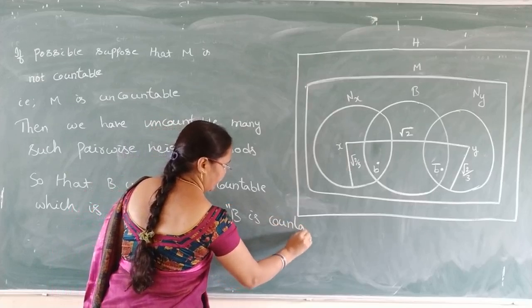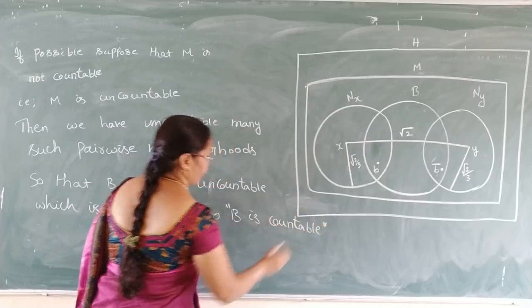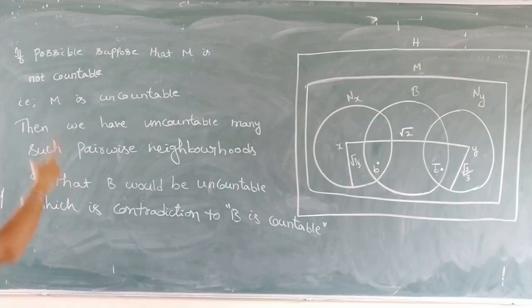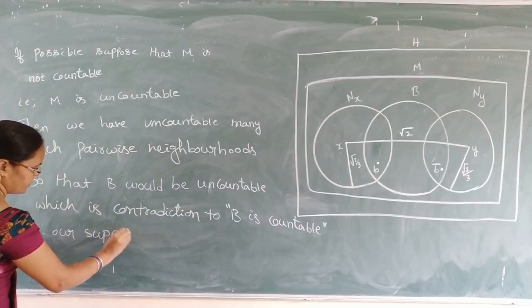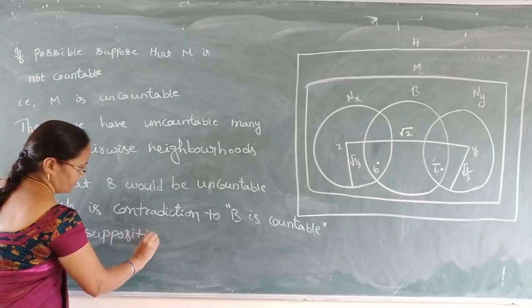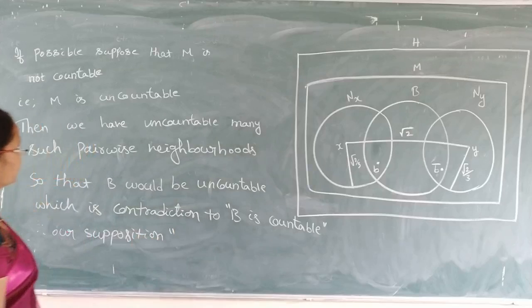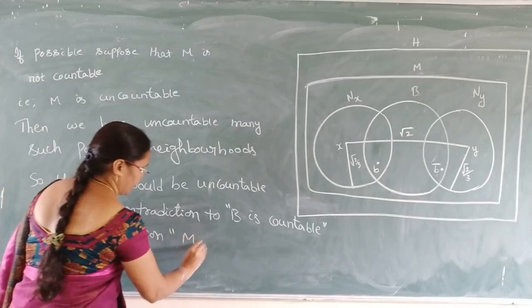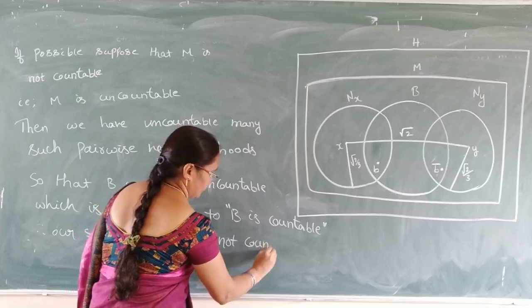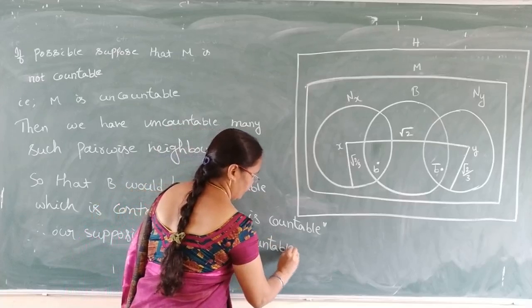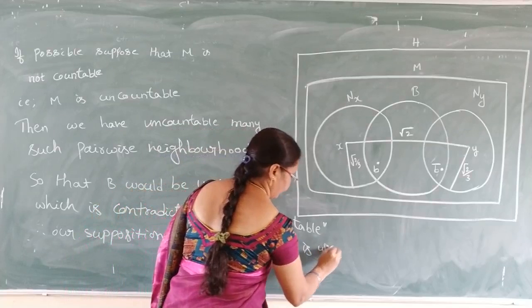So why are we getting a contradiction? Our supposition is wrong. Therefore, our supposition that M is not countable is wrong.